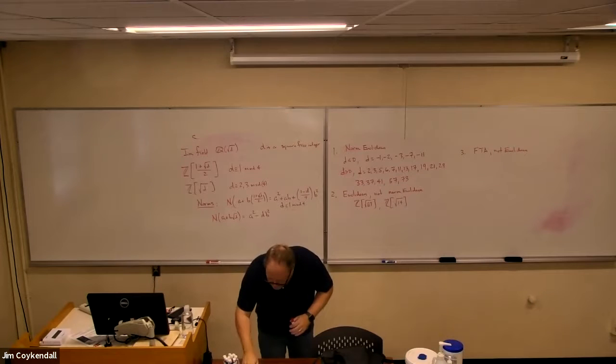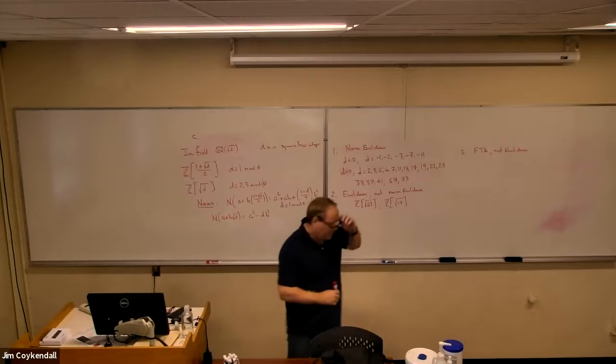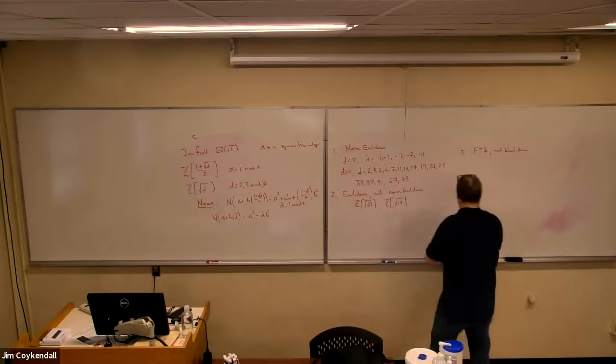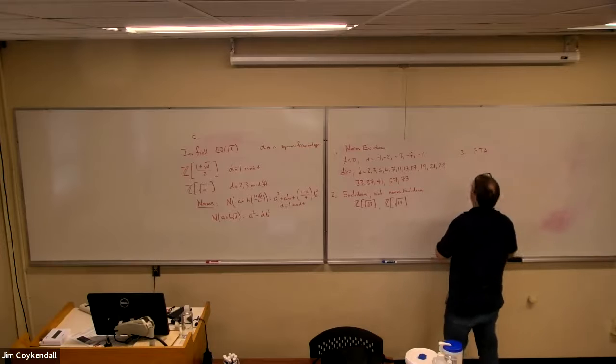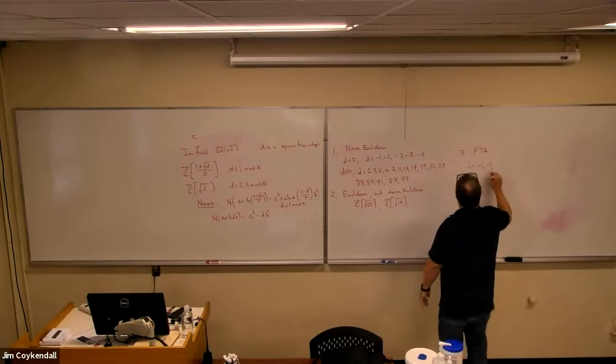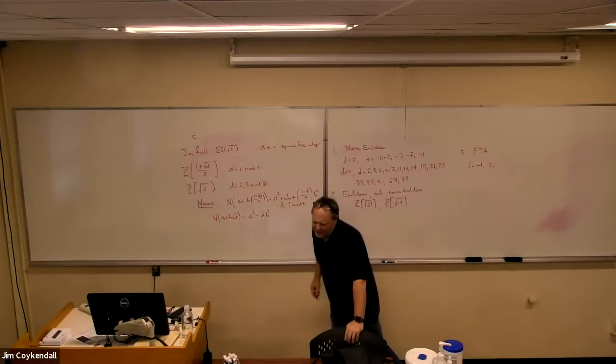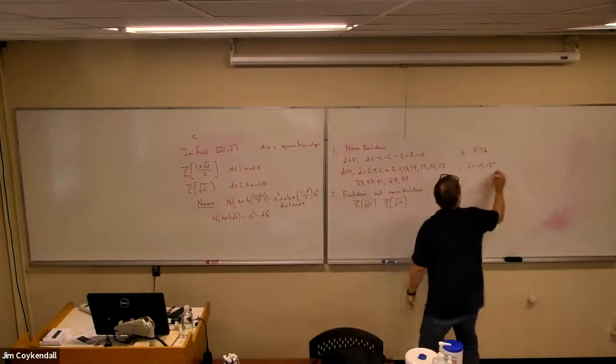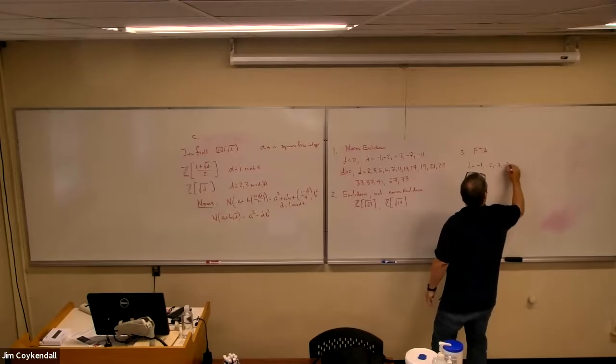And I will give you, well, let me do it this way. Here's the ones that have the fundamental theorem of arithmetic. From the negative D's: -1, -2, -3, -7, -11, -19.